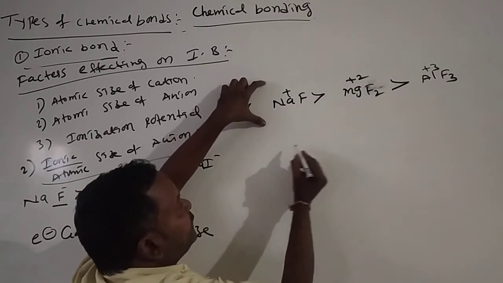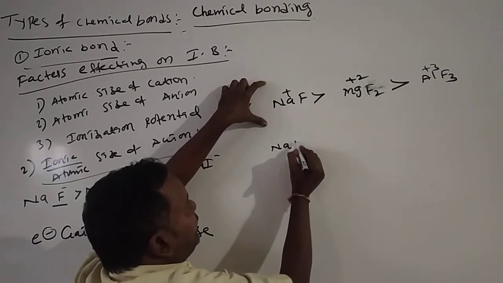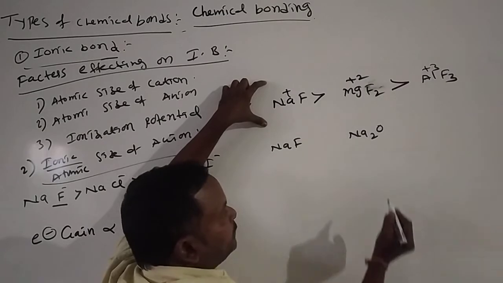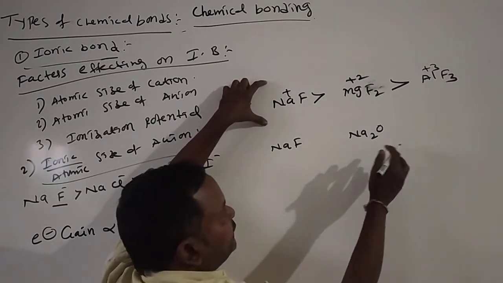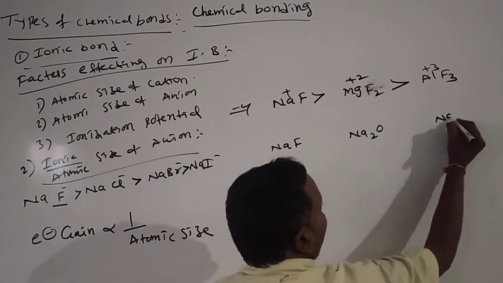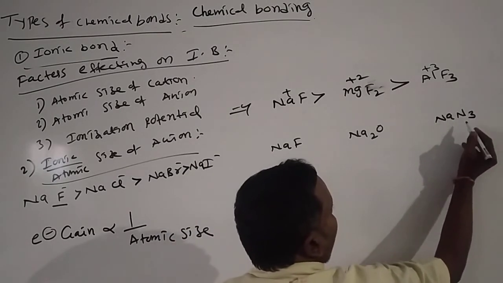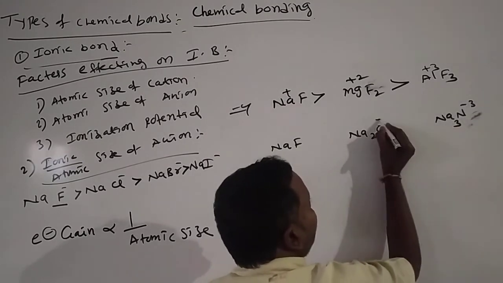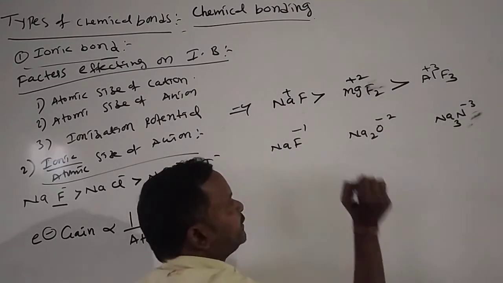For anionic charge, I am taking sodium fluoride, sodium oxide, and sodium nitride, Na3N. Here -3 oxidation state, here -2, here -1.